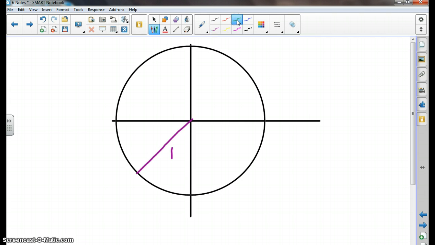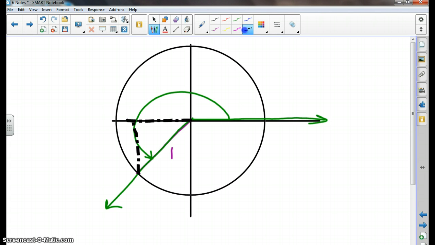Here are the rays of my angle of rotation that's coming all the way down to here. And here is the path that I would take to get to that point known as P on the unit circle.